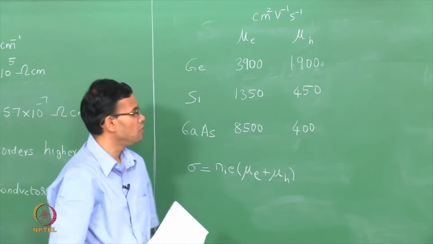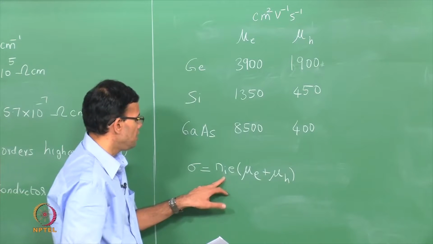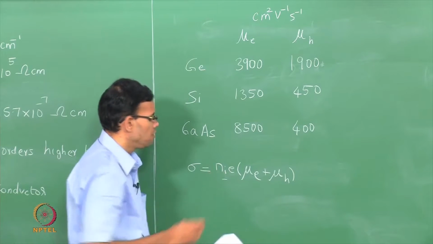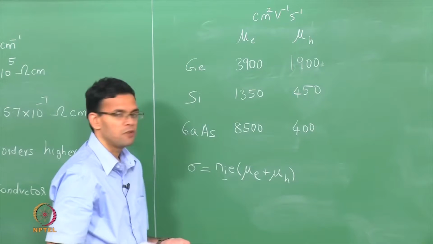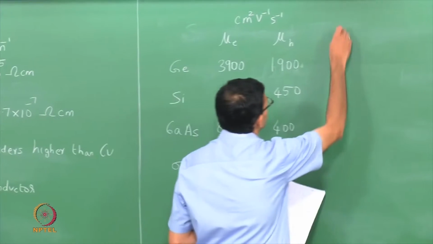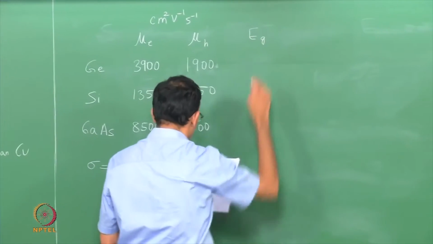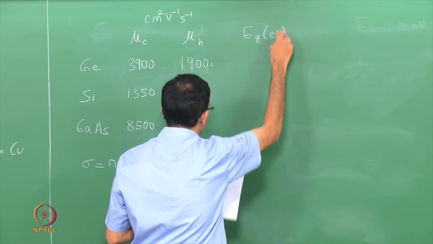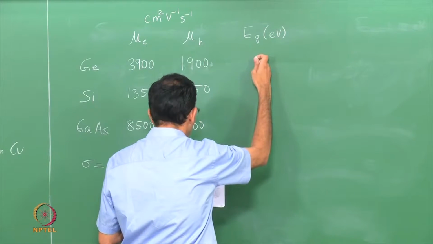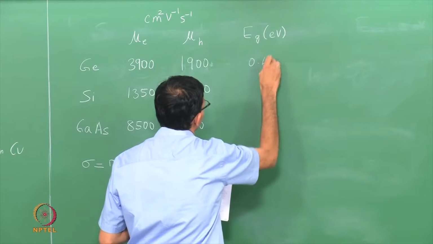But it turns out that the overriding factor here is Ni, which is the concentration of electrons and holes. For that, we also need the values for the band gap. So, let me write the values for band gap here, this is in electron volts. So, germanium has a band gap of around 0.66 eV.